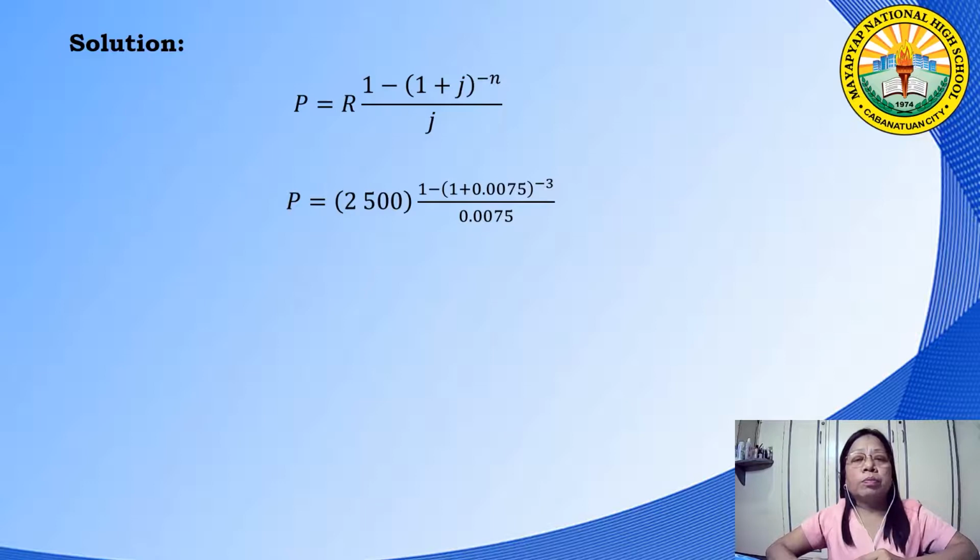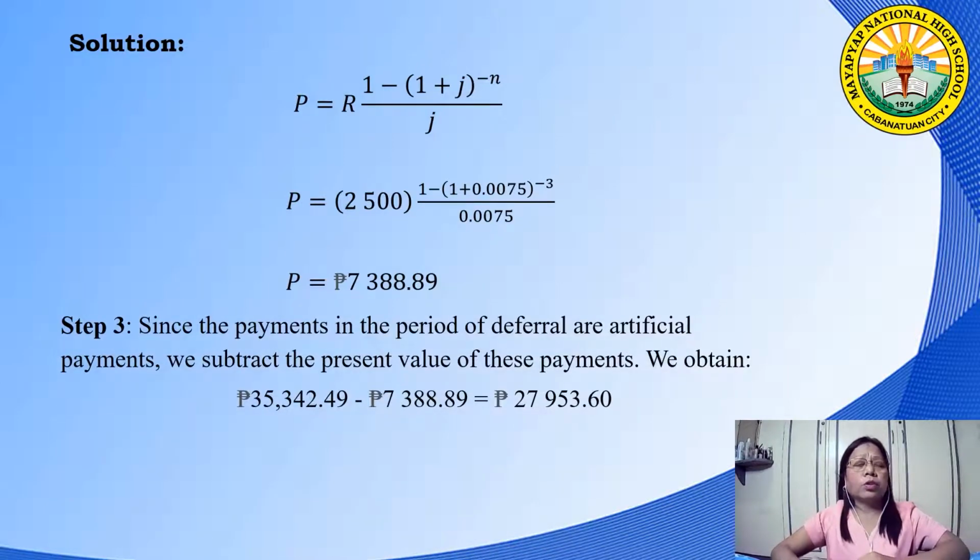Substituting, n here is 3, then same value of j, and the regular payment is 2,500. So the present value is equal to 7,388.89.